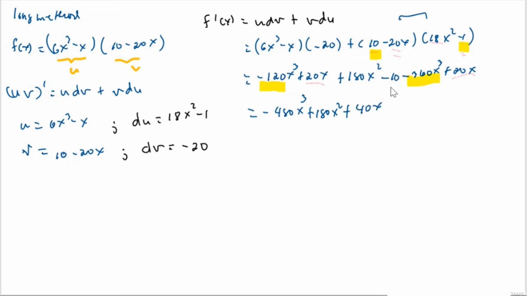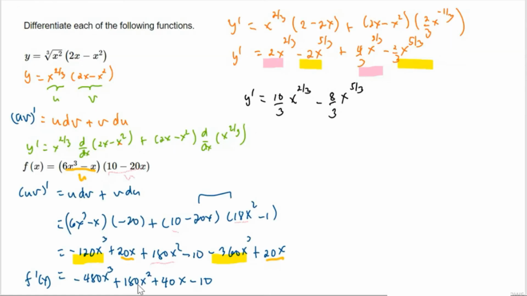And the last term, negative 10, we just copy. So therefore, the derivative of the given function is equal to negative 480x cubed plus 180x squared plus 40x minus 10, which is just the same as my solution number 1.